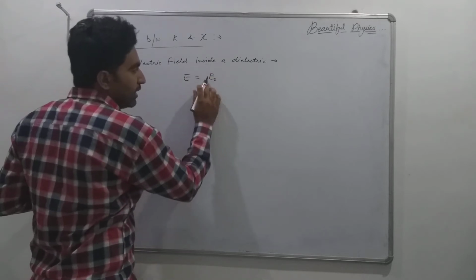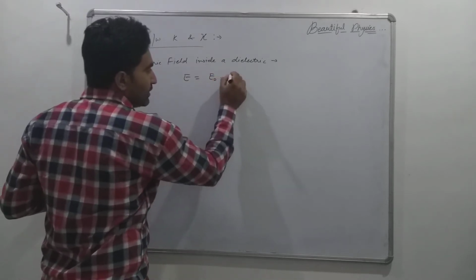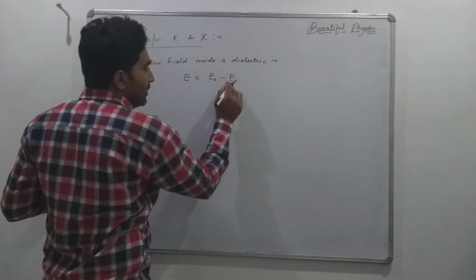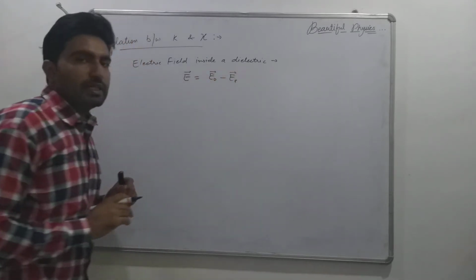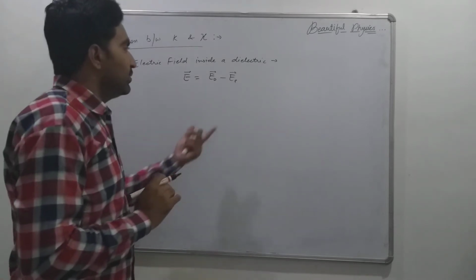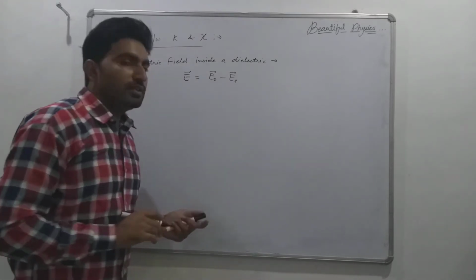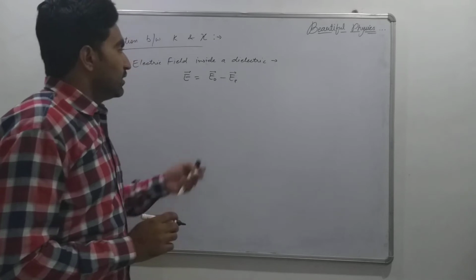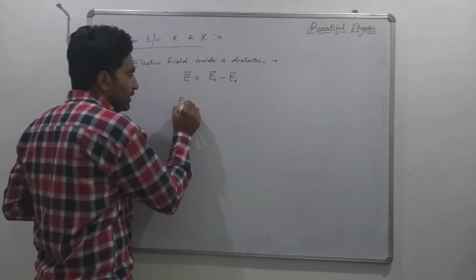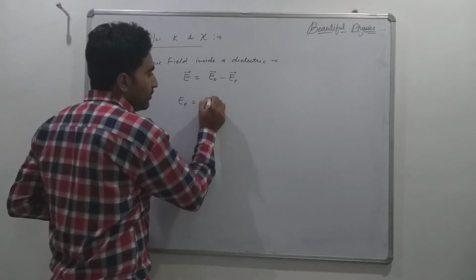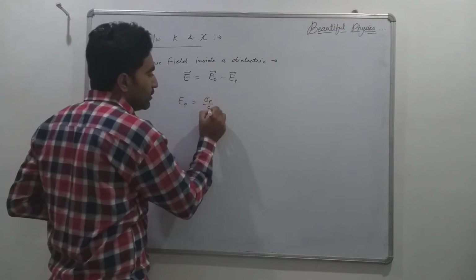E naught is the applied electric field, and EP is the electric field due to polarization of the dielectric. We can write EP is equal to sigma P by epsilon naught.